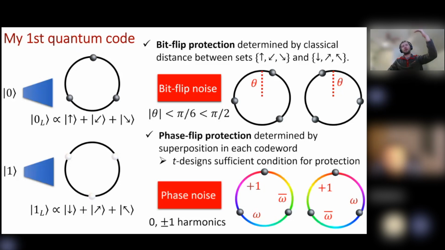Phase errors are kind of ordered by the degree of their corresponding harmonic induced on the space, and T-designs automatically give you that protection. And this is, again, a very universal kind of statement. It also is true for qubit codes, but people don't look at them that way. But there are T-designs called orthogonal arrays on Hamming space. Anyway, that's your first quantum code. Please let me know if you have any questions.